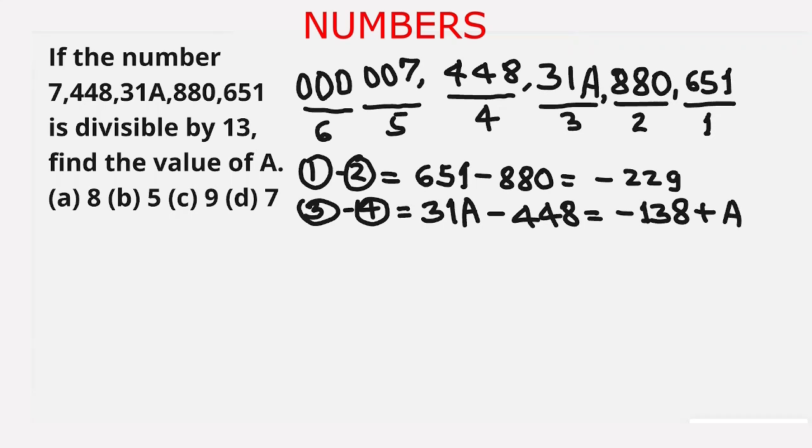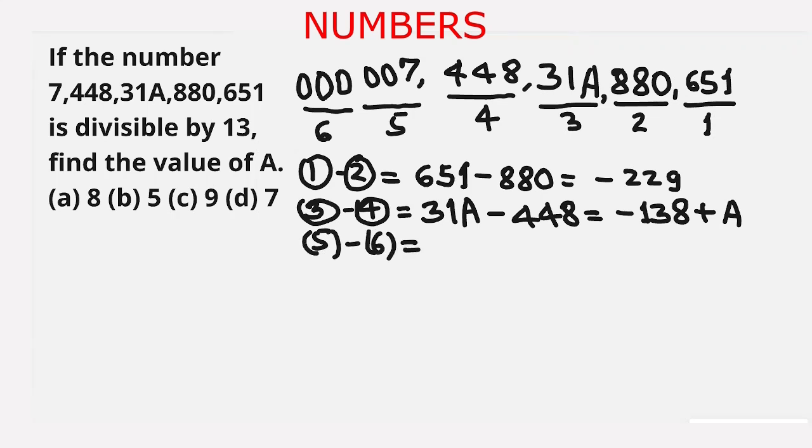What we should write? 31a should be written as 310 plus a, and we subtract 448 from 310 and then we write plus a. So on subtracting 448 from 310, we get minus 138 plus a.